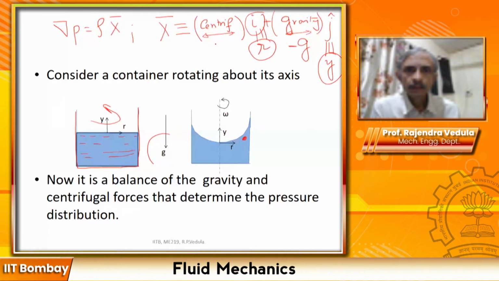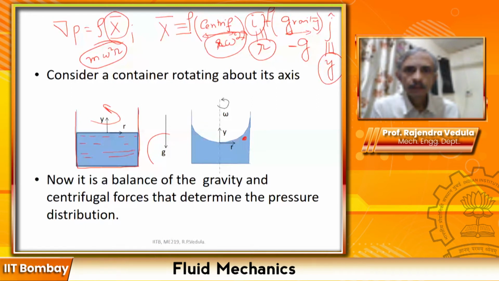R omega square. Whether you call it R omega square or x omega square, whatever. The centrifugal force we all know is m omega square r, and this is per unit mass, so we put this here, and there is a rho that is going to be sticking in there.